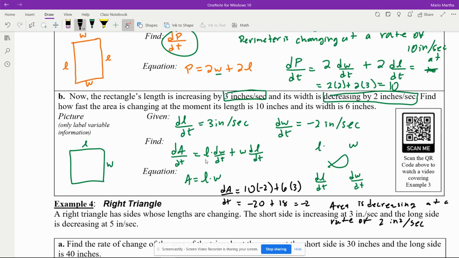Is that the correct units? Yes, it would be the correct units, because here you have inches, and here you have inches over seconds. So inches times inches gives you inches squared over seconds, which is how area is always squared. And that would be pretty much it.